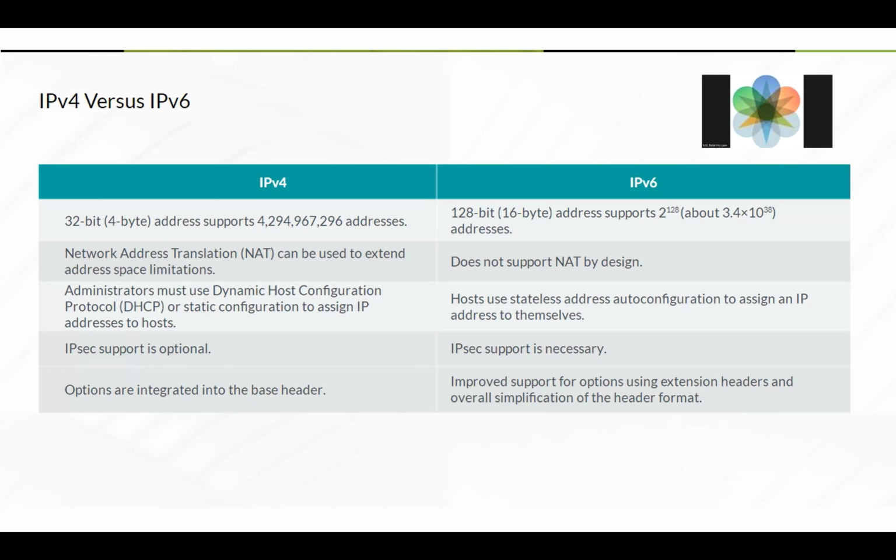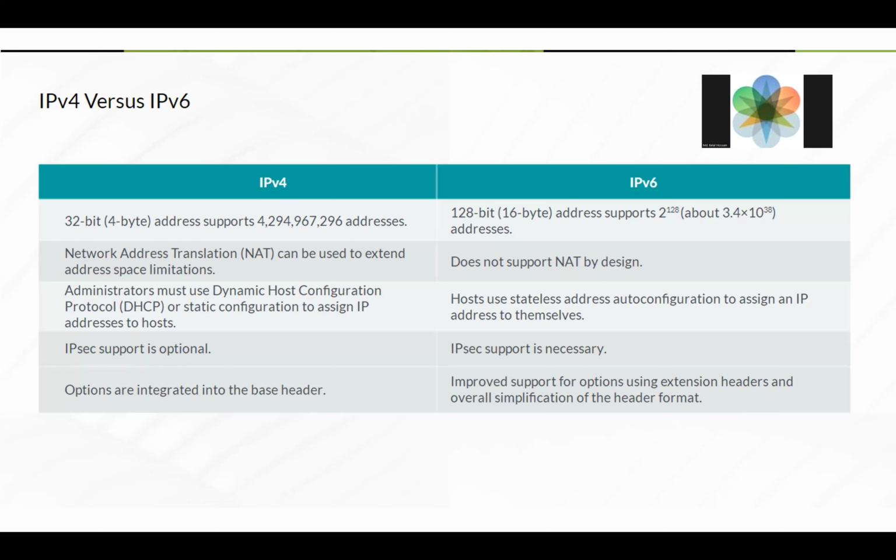If you say the address space, IPv4 supports about 4.2 billion addresses, but IPv6 address space supports 2 power 128, and IPv4 supports 2 power 32.